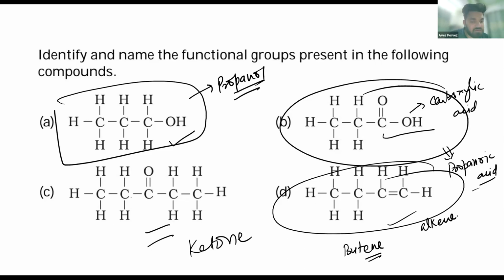What is the name for this one? Again double bond and O, so ONE. So 5 carbon, pent, and then on. Pentone? Not pentone. Pent is the root, then carbon carbon single bond is the saturation indicator, ane.